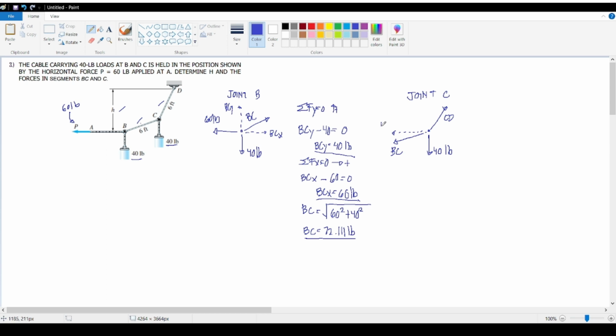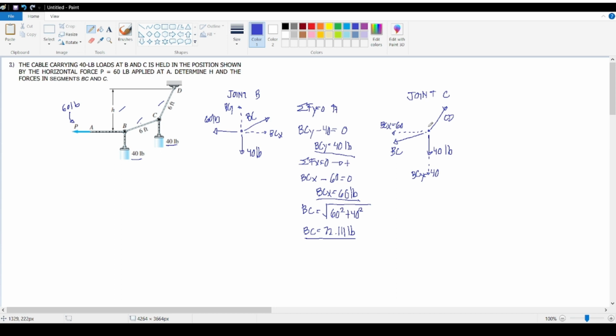So the BCX is equal to 60 pounds, and we also have the BCY, let's just put it below, BCY is equal to 40 pounds. Again, I'm assuming that every force is in tension since this is a cable system and cables resist tension.